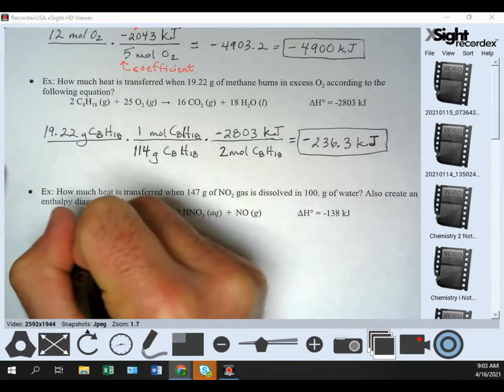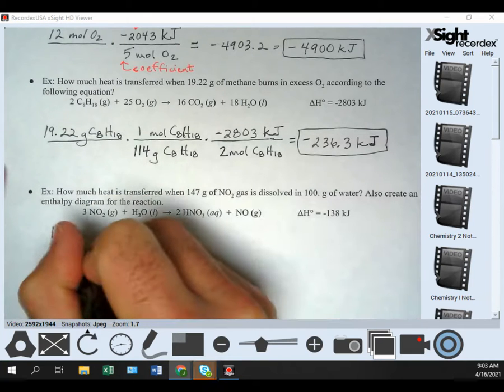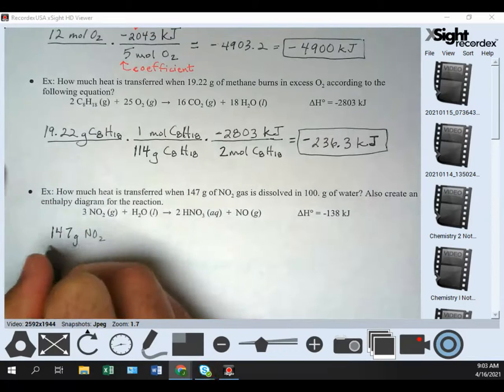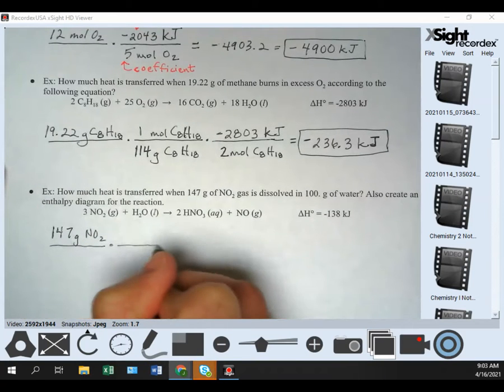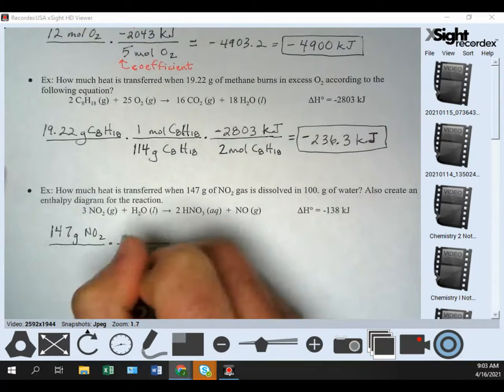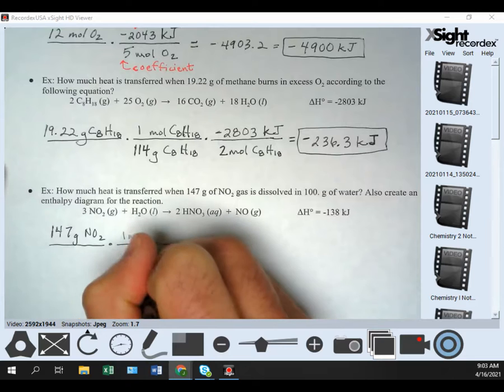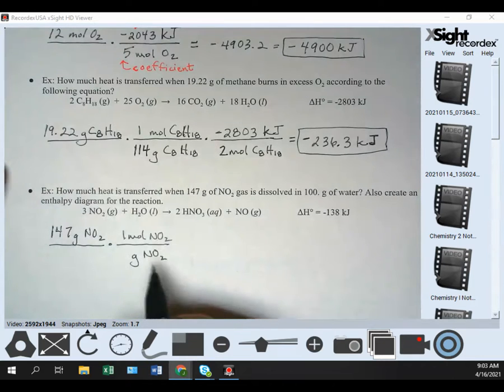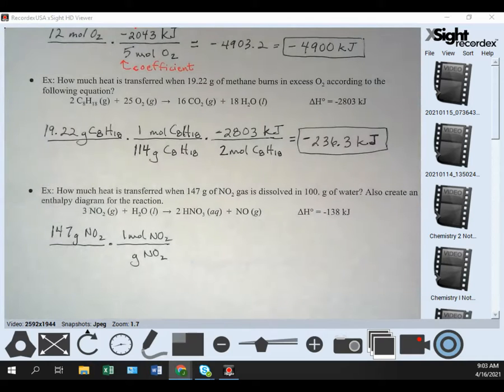So 147 grams of the NO2. Okay, we're going to turn that into moles. So grams to moles, just like all of our gram to mole conversions. So NO2, where's my calculator?